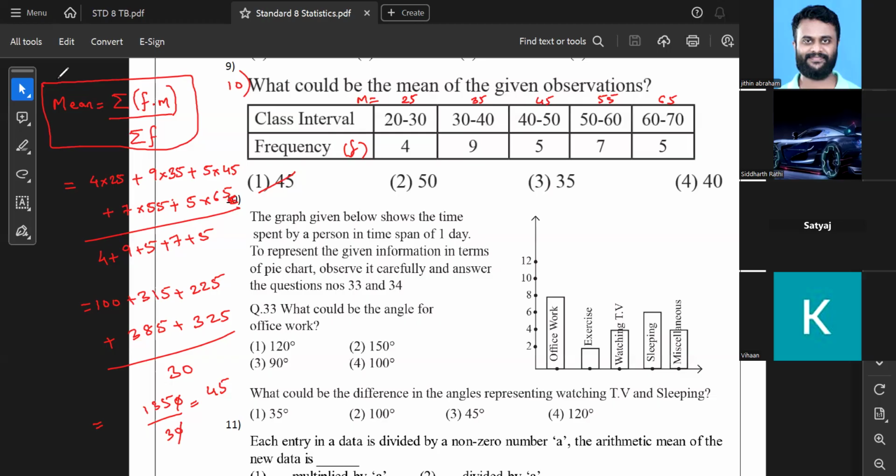So this formula is going to be very crucial for you. And what does that sigma denote? Technically, we call it summation. Summation means addition.